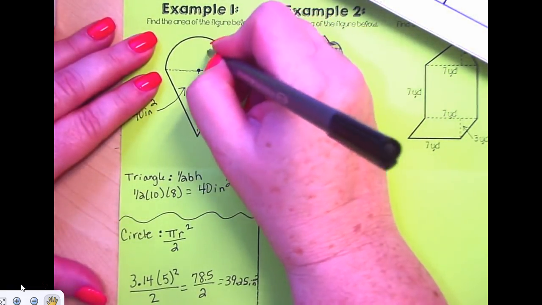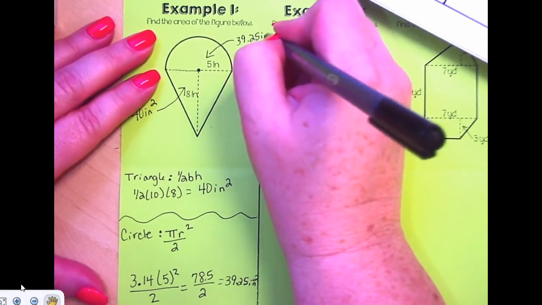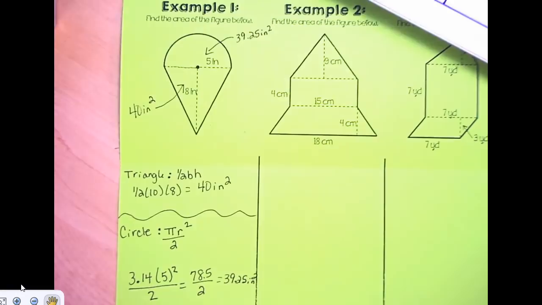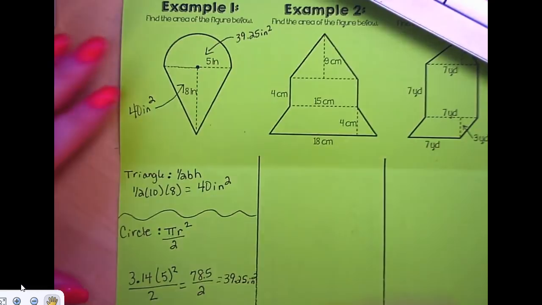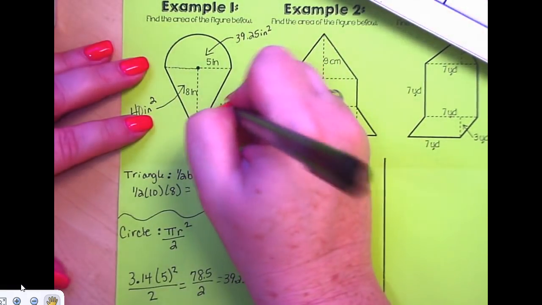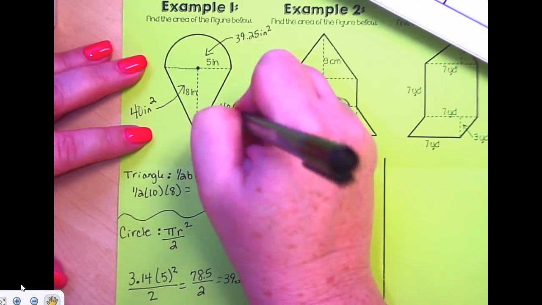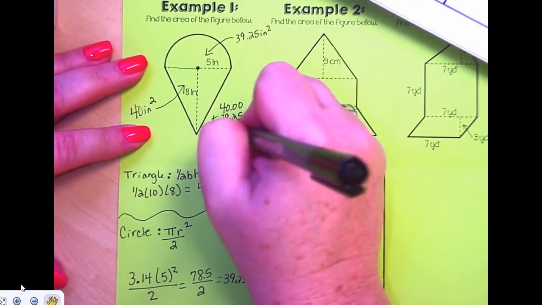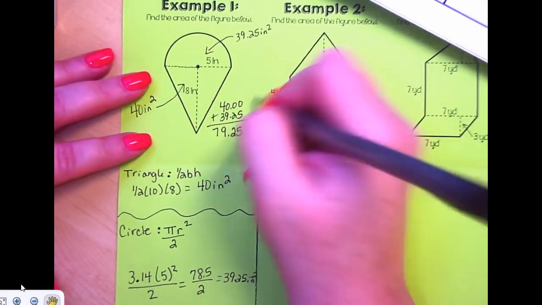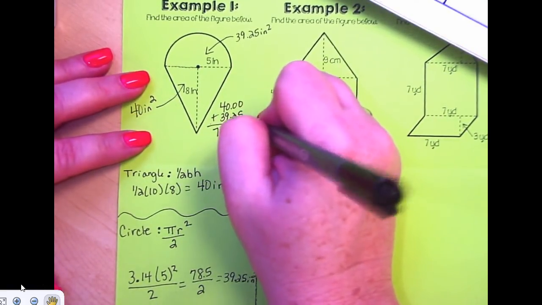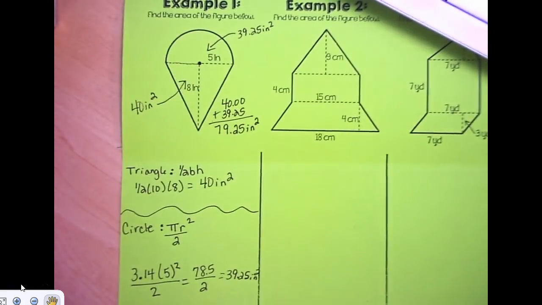So the area for this part is 39.25 inches squared. And so to find the area of the whole thing, what are we going to do? Add. 79 and 25/100 inches squared.